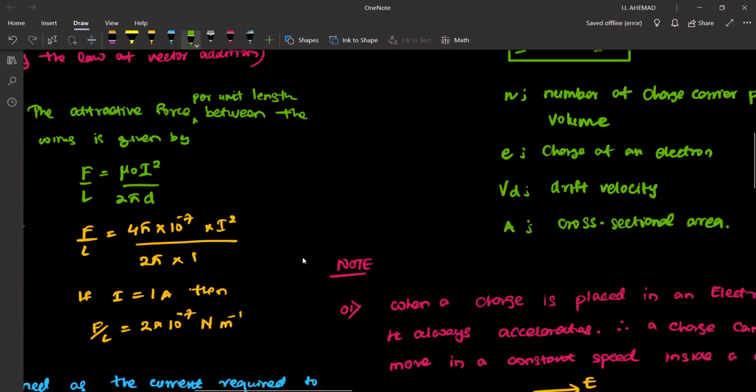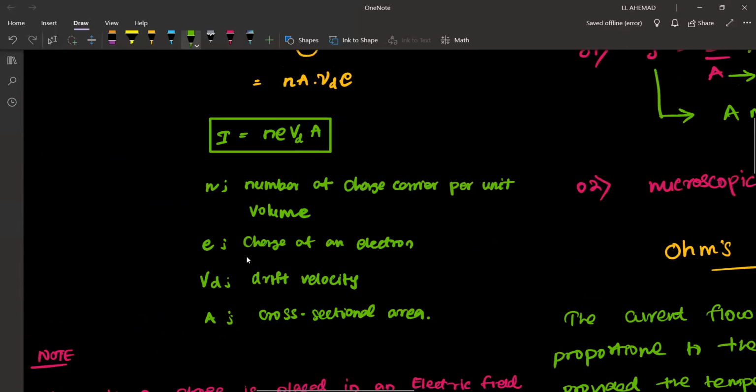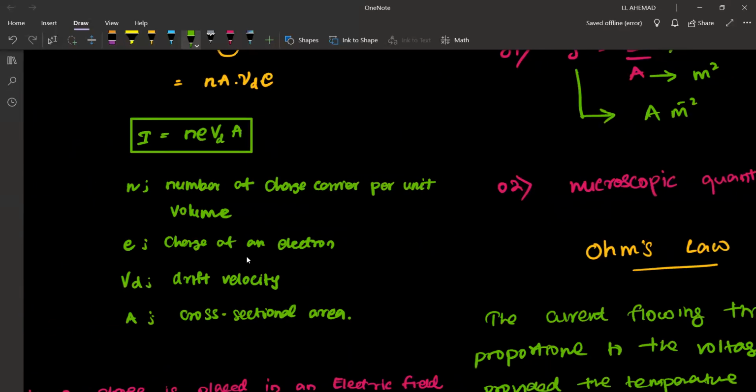Sarah, just look here, I is equal to nevA. In this, n is the number of charge carriers in a conductor. Can you count the number of charge carriers in a conductor with your naked eye without using any special instrument?